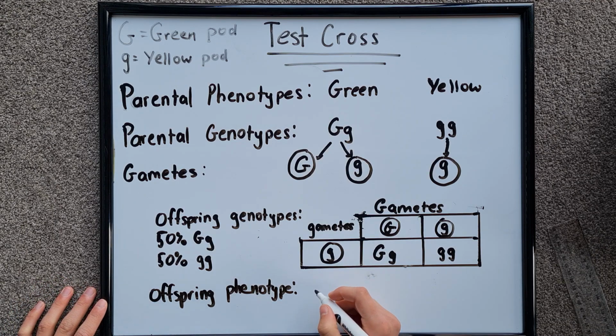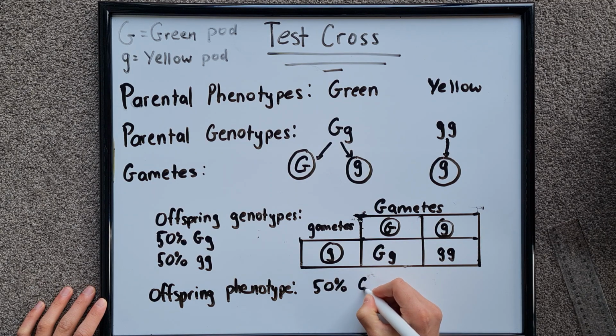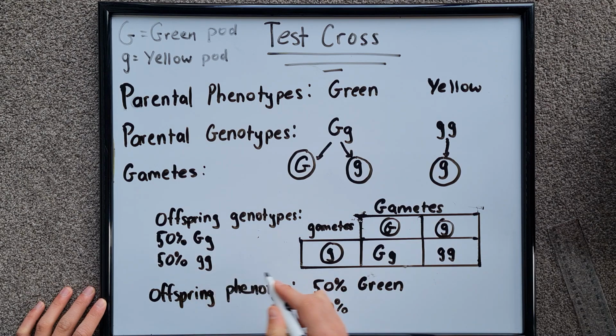So then what we can state is that the expected ratio is that 50% of offspring will have that green trait, green pod color, and 50% will be the yellow color.